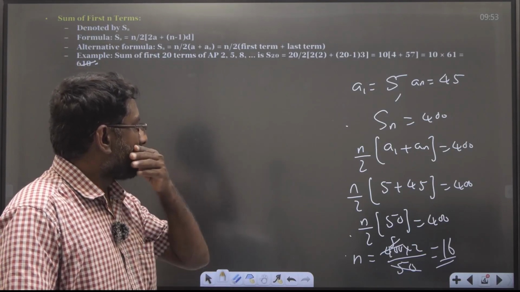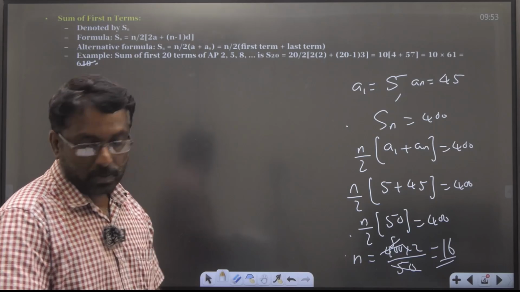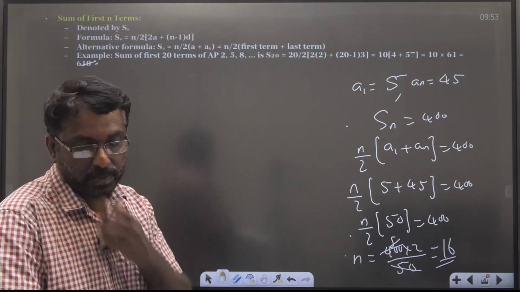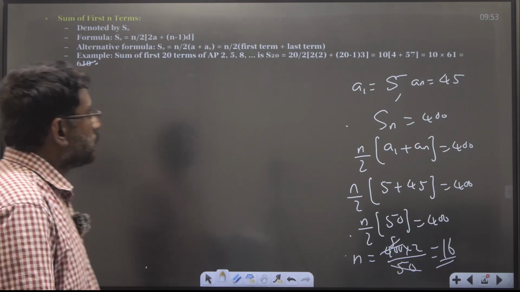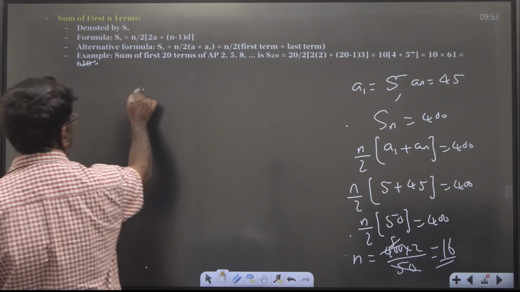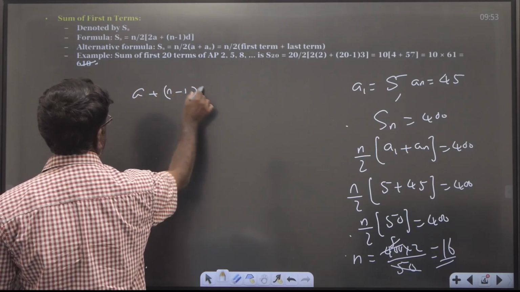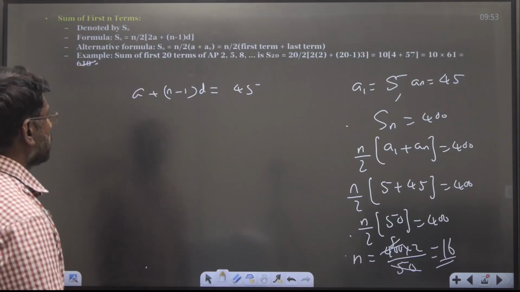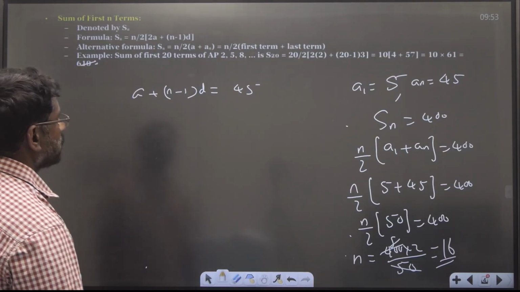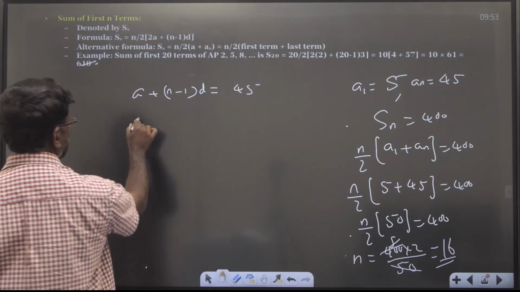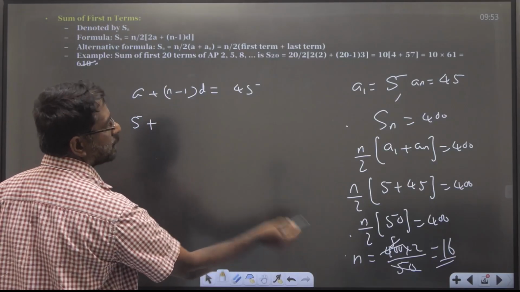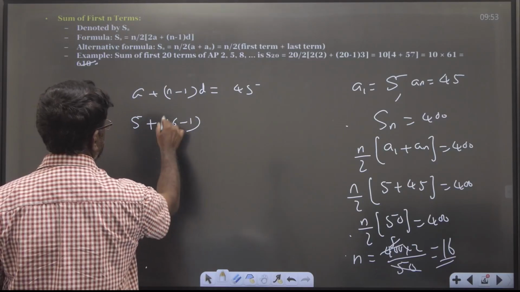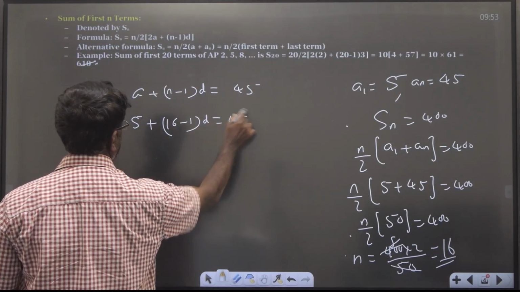Then what will be the common difference? The last term is a plus (n minus 1) into d. The last term is 45, and we have to find d. So a is 5 plus (16 minus 1) into d equals 45.